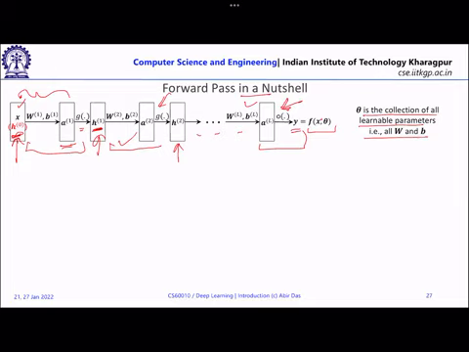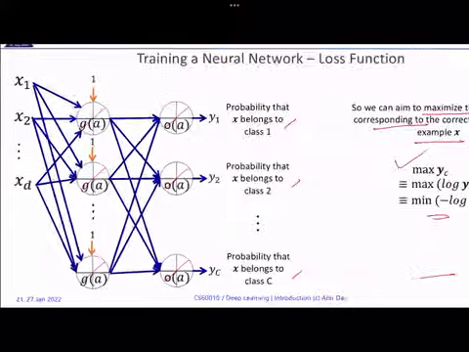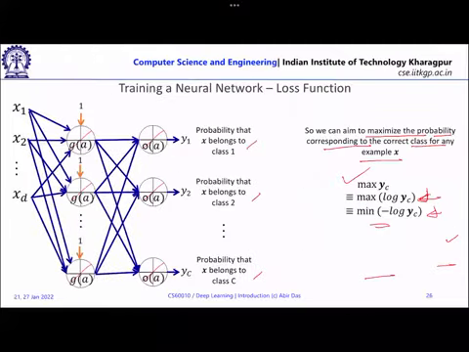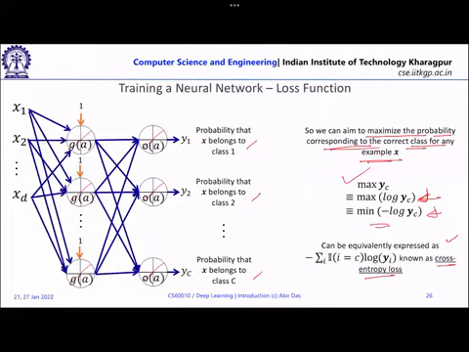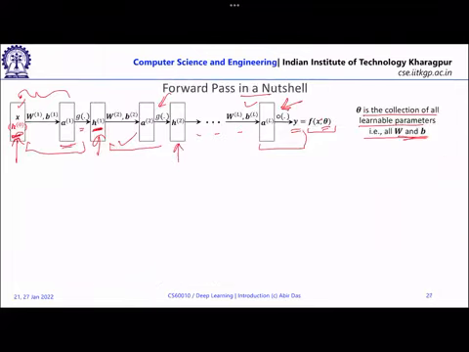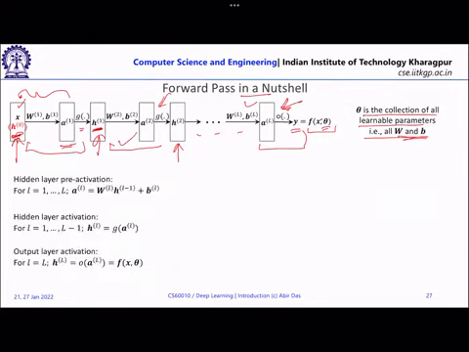Now, as we have seen in the last slide, our objective is to get these thetas, the collection of all W's and B's, so that we maximize the probability for the correct class of any example X. That is our aim, and for that we have to do gradient descent.